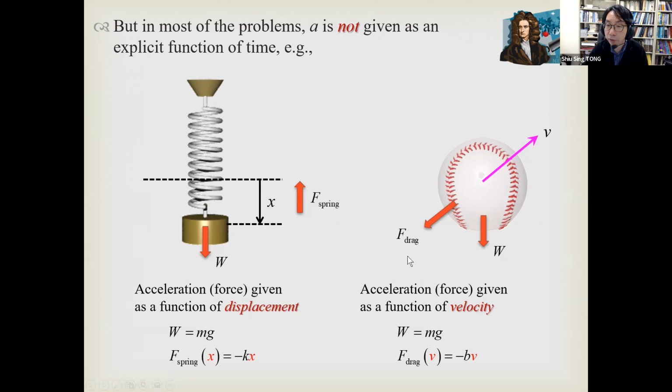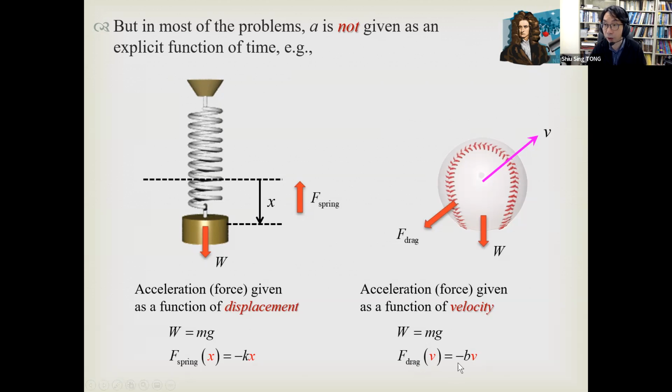So the drag force is opposite to the velocity, and a simple model of the drag force is that the drag force is proportional to the velocity. B is a proportional constant, and the minus sign means the direction of the force is opposite to the direction of motion. Now you can see from this model that the force is again not given as a function of time.